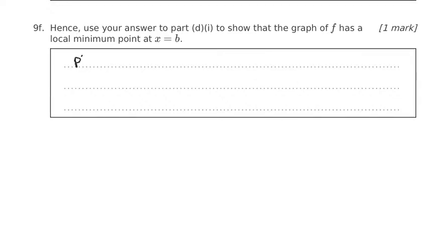Well, the f double dash of b is equal to 8, which is positive. Therefore, minimum.